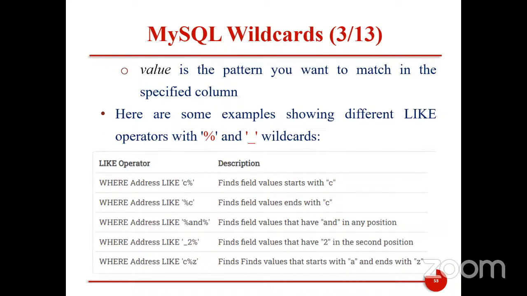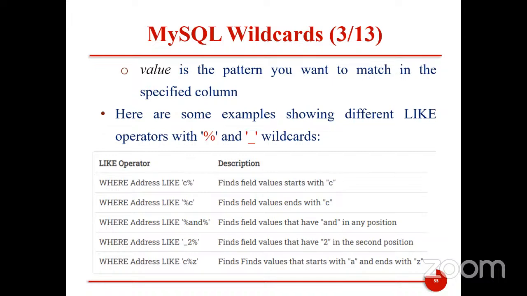Where address LIKE in single quotes 'C%' means it will find field values that start with the letter C. Then where address LIKE '%C' will find field values that end with letter C. Then where address LIKE '%AND%', which means you can find values where there is AND in the middle. Is it clear? It may not be at the beginning or at the end, but it should be inside the word.